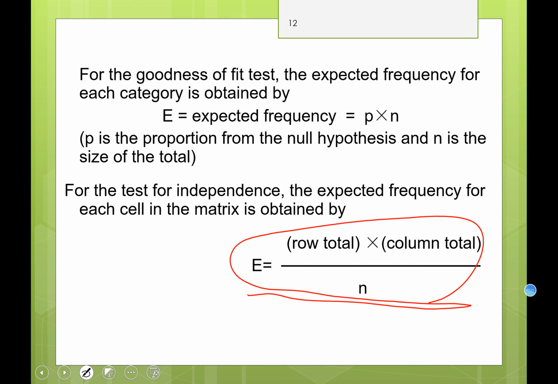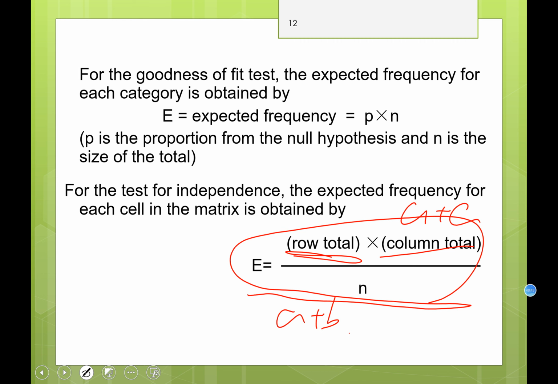Okay, so here is how we get the formula for expected frequency. We will find that here A plus B is the row total for cell O11, and here A plus C is the column total for O11.